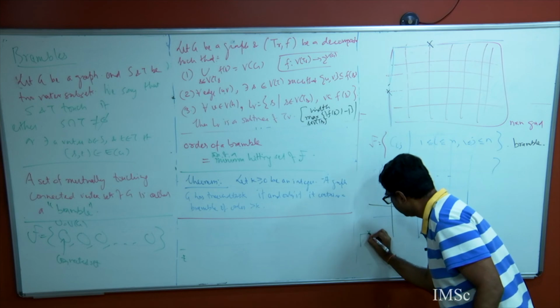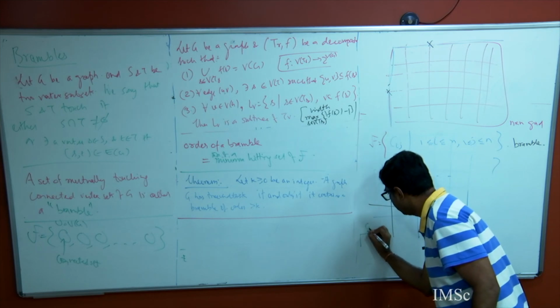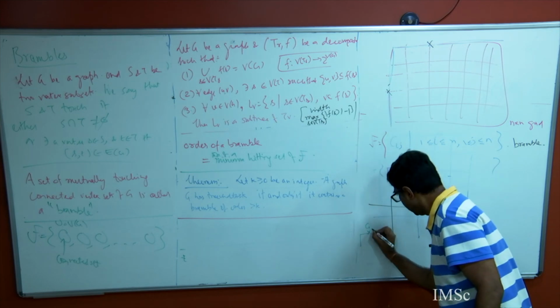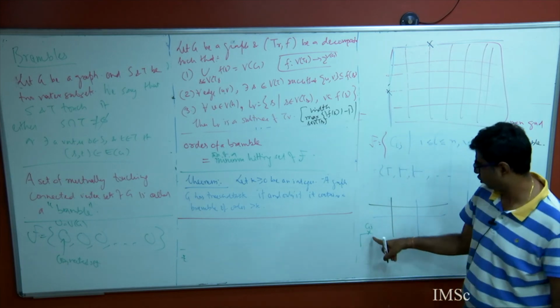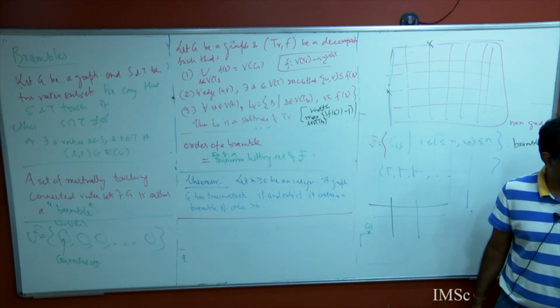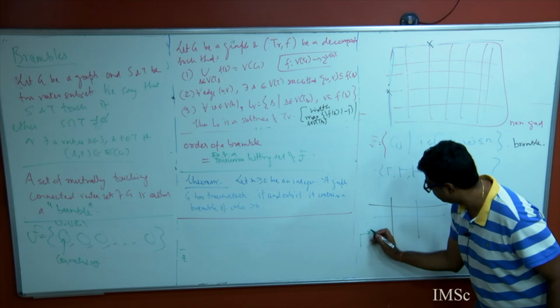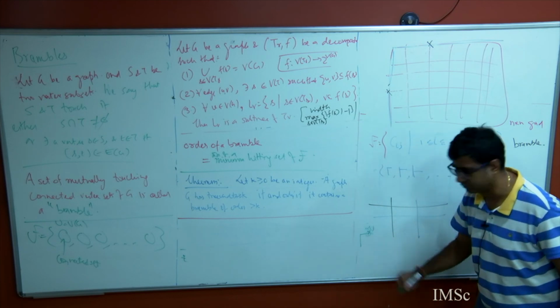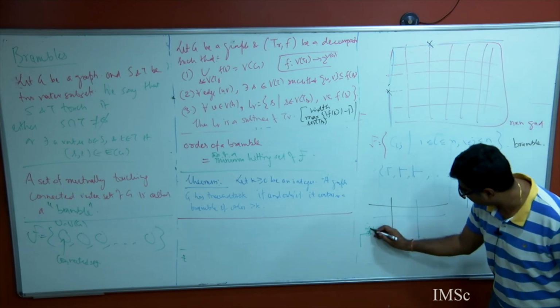Say you picked up C1, the first row, and the jth object, say alpha 1j.